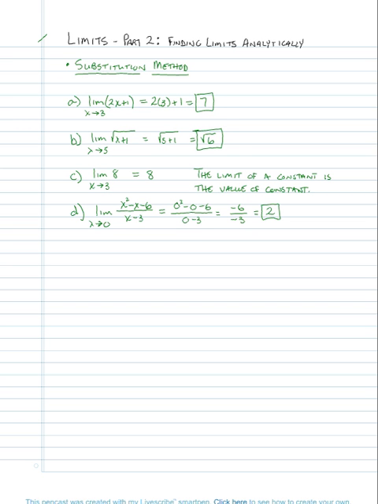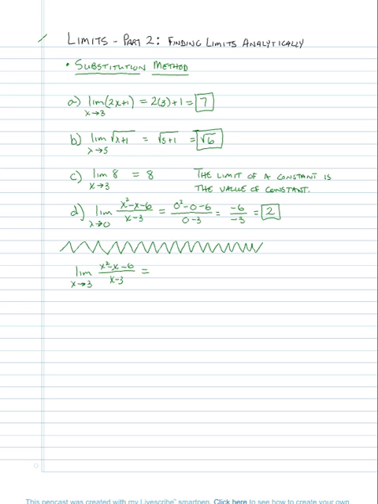Now, we can't always use the substitution method, and this next example is one that we've seen previously. In fact, it's the same function, except our target point is different. So it's the limit of x squared minus x minus 6 over x minus 3 as x approaches 3 instead of as x approaches 0.